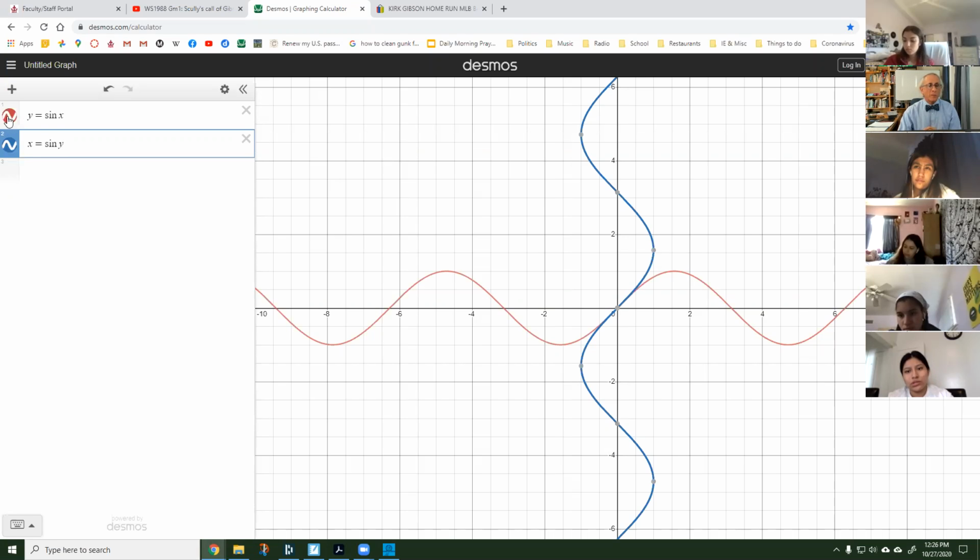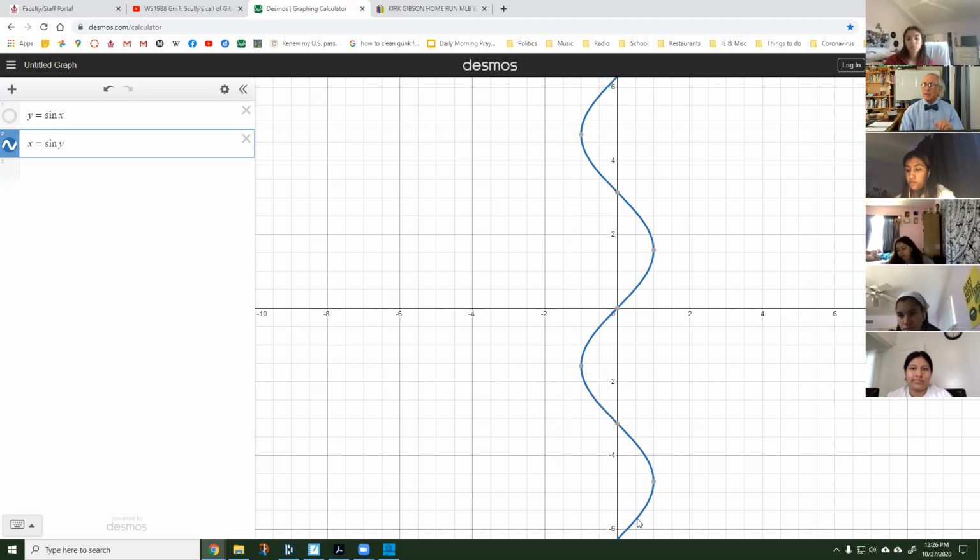The blue does not pass the vertical line test. If I pick an x, like right here, well, I have this y here, or maybe that y there, or maybe this y way up here, or this y down here. There's an infinite number of y's when I pick an x. It's not a function. Bummer, right?